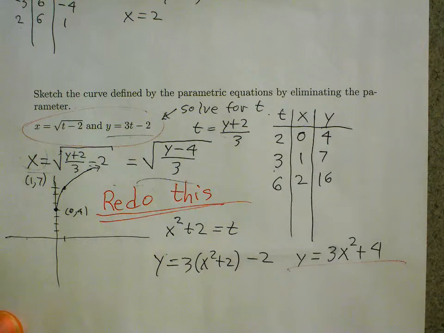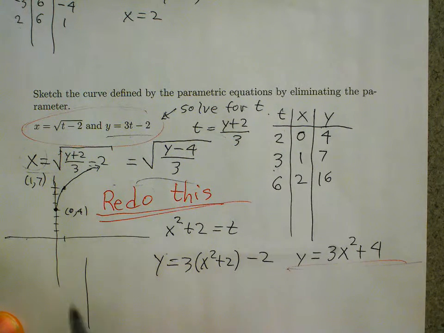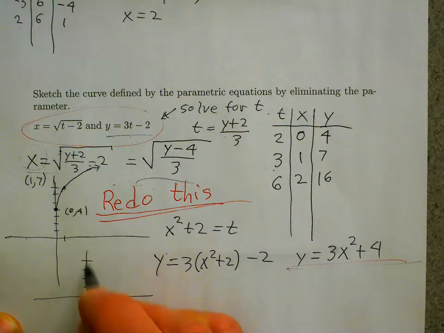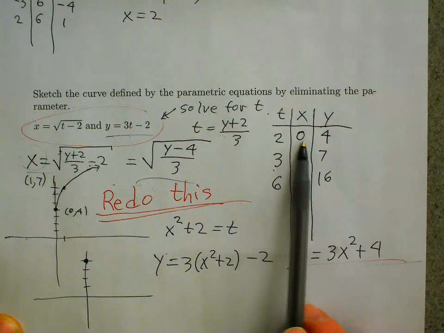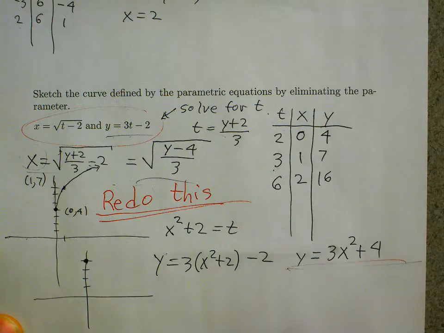So since we have a few seconds, y equals 3x squared plus 4 is a parabola that opens upward, but we do have restricted values, so x can only be greater than 0.